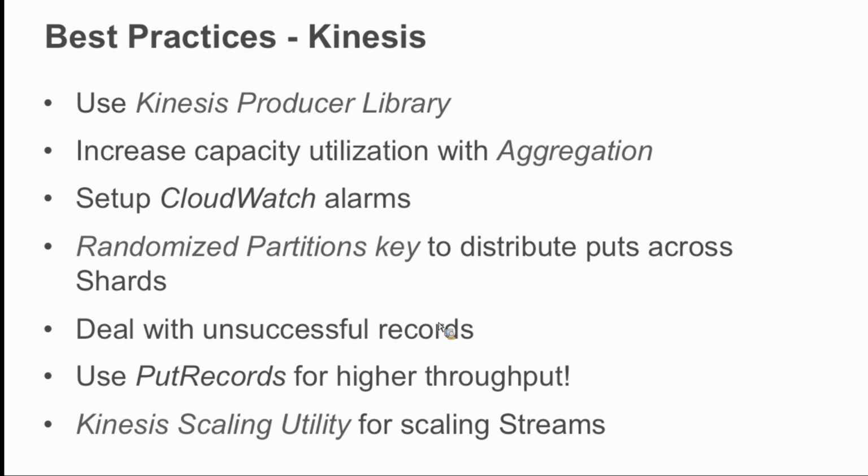Deal with records that are problematic, with some logic that captures them and prevents them from going through, and use the put records for higher throughput. You can use a scaling utility to scale the streams.